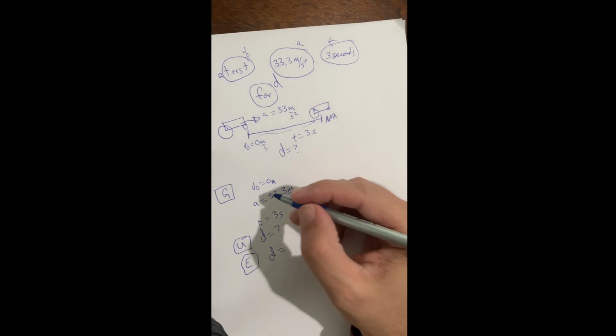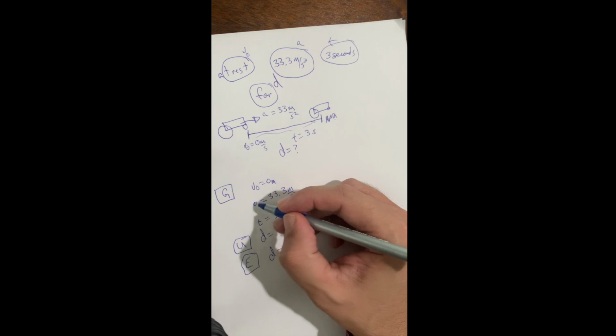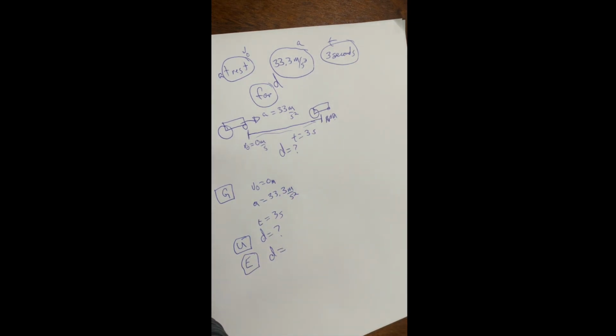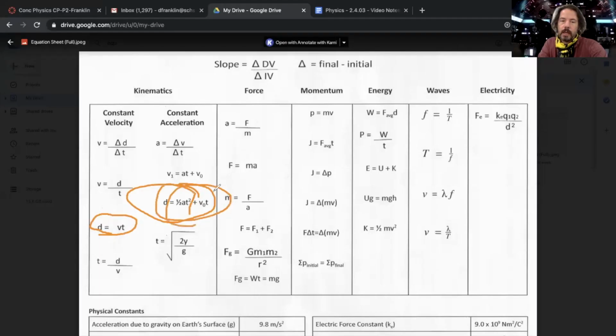But look at your table here. I also have acceleration, so I have to use this one, because it has acceleration.